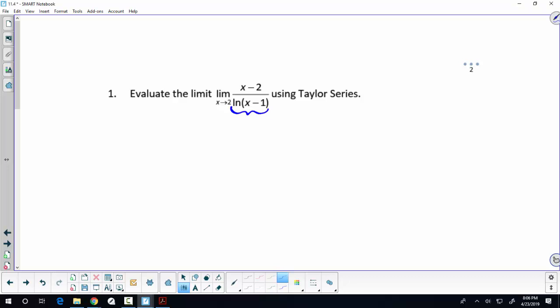It's already a polynomial, right? We don't represent polynomials with infinite polynomials. It doesn't make sense. We're going to come up with a series for that. Center, where would we want to center that? At 0, at 2, what do y'all think?